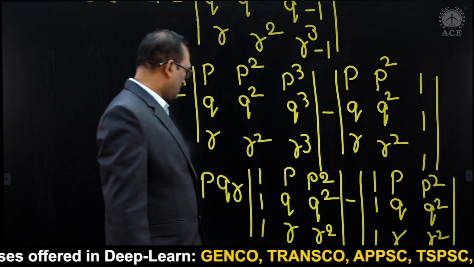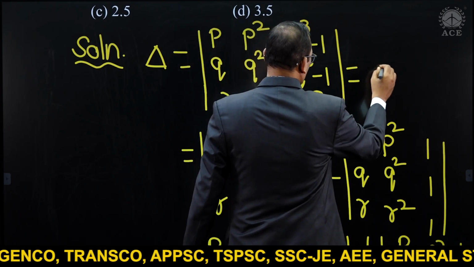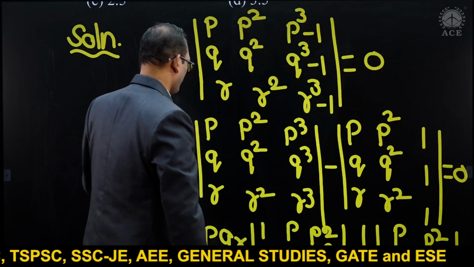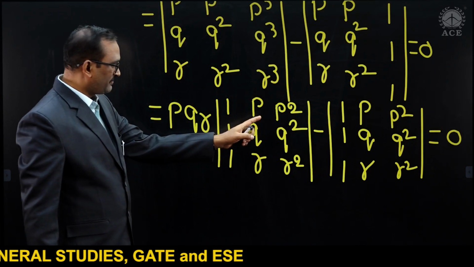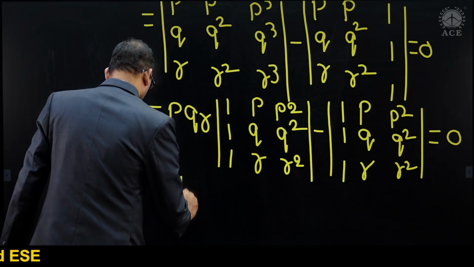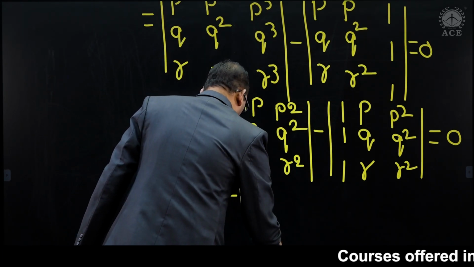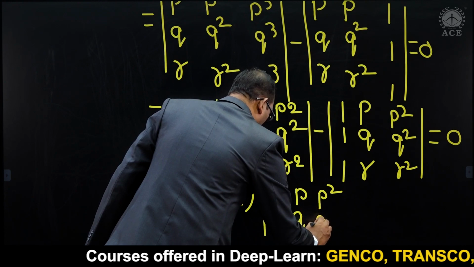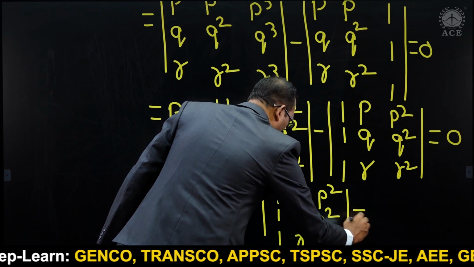Now the common factor is this determinant. They gave already in the problem that the determinant of the matrix is equal to 0. Even here also it is equal to 0. If I take out this determinant as a common factor, then it would be PQR - 1 into this determinant, that is first row 1, P, P square, second row 1, Q, Q square, third row 1, R, R square, is equal to 0.